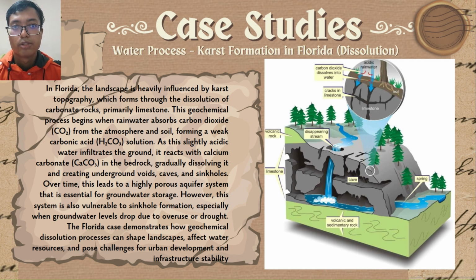This geochemical process begins when rainwater absorbs carbon dioxide from the atmosphere and soil, forming a weakly acidic rain with carbonic acid solution. As this slightly acidic water seeps into the ground, it reacts with the calcium carbonate in the bedrock, gradually dissolving it and creating underground voids, such as caves or sinkholes.